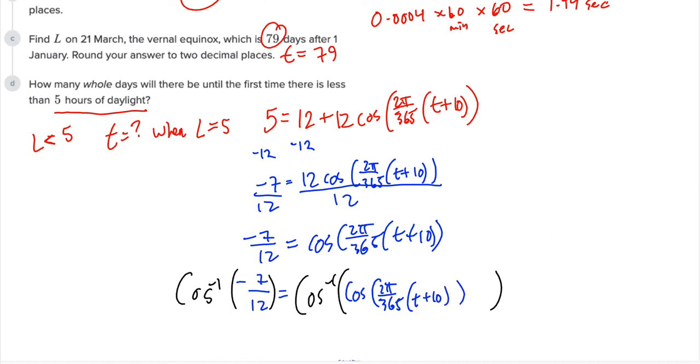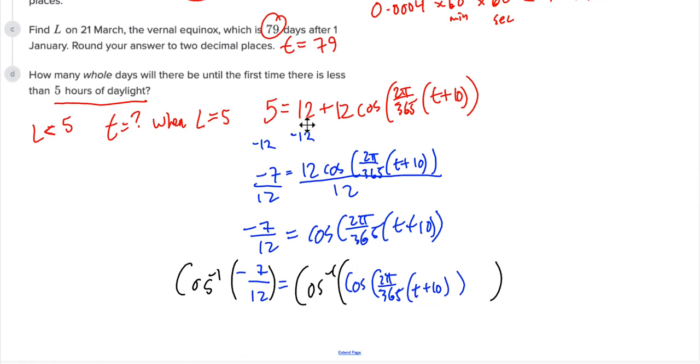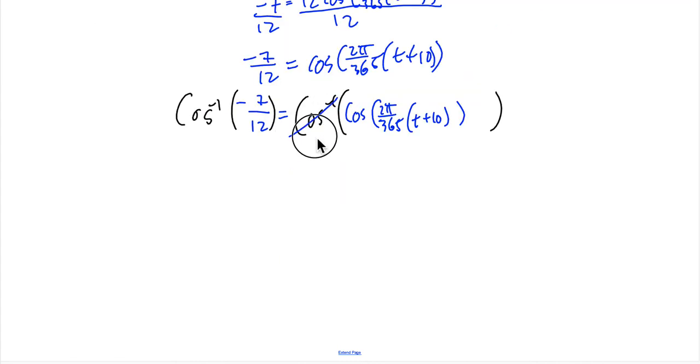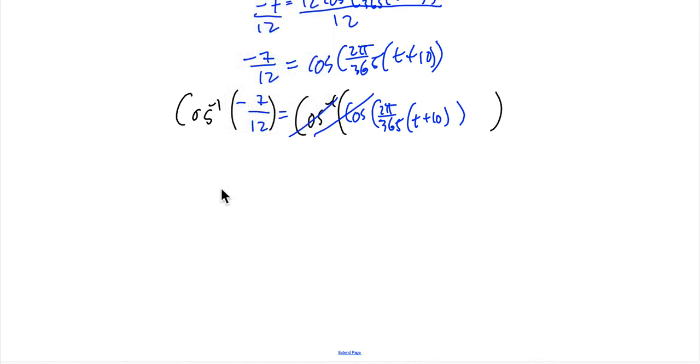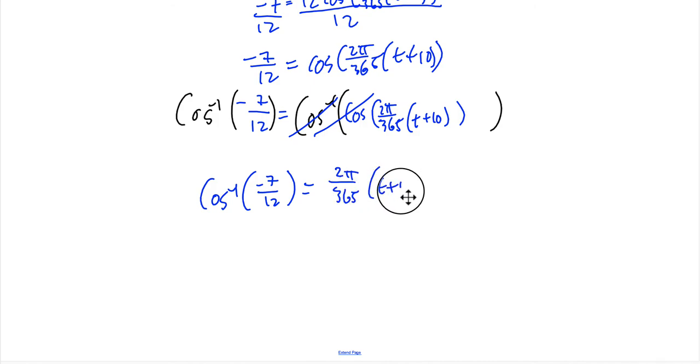The reason we do that is that we want to get rid of the cosine. So now we're left with the inverse cosine of negative 7 over 12 equals 2 pi over 365 times T plus 10.